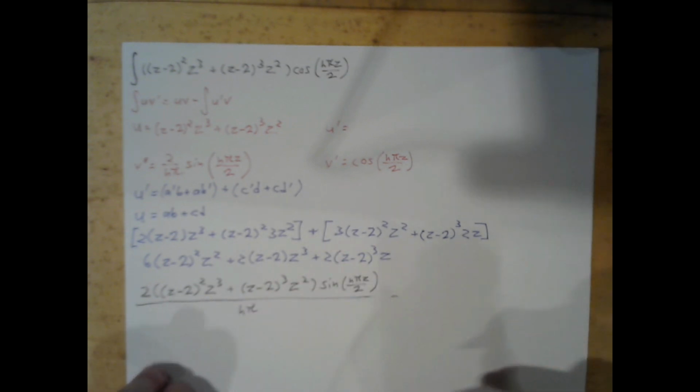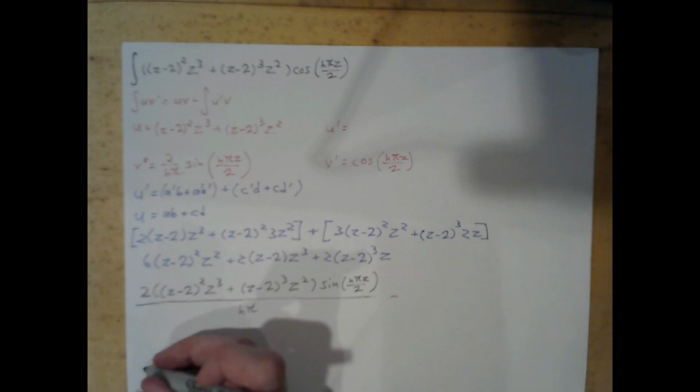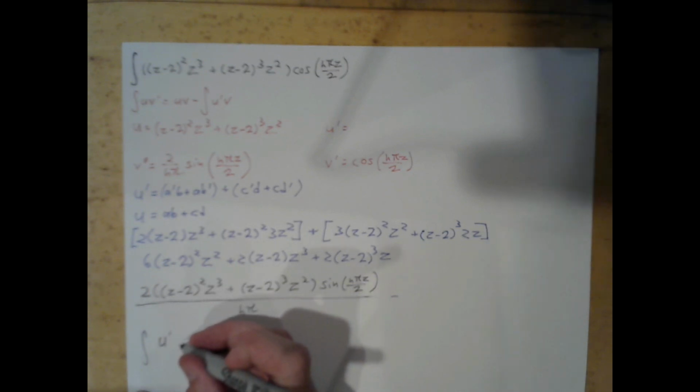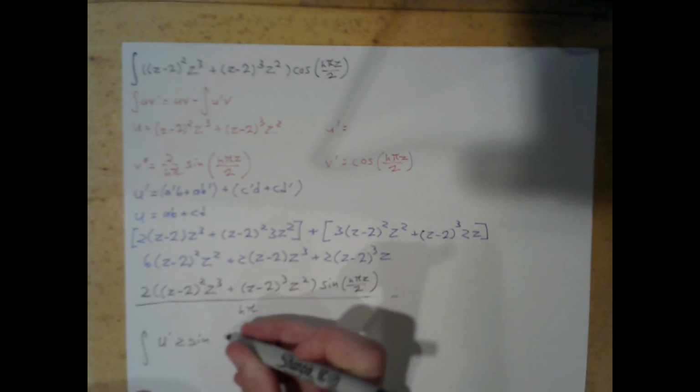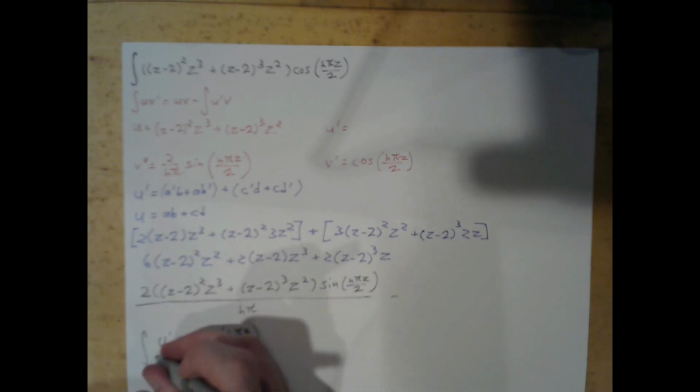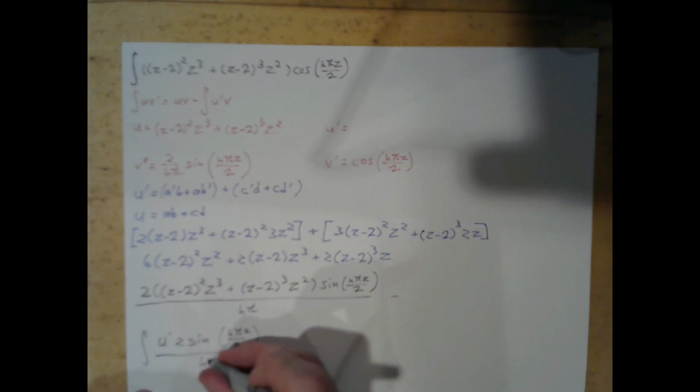We're going to be subtracting now. I'm going to move on to the next line just to save space. We're going to be subtracting the integral here of, just to save space, I'm going to say u prime multiplied by 2 sinh(pi z over 2) all over h pi.